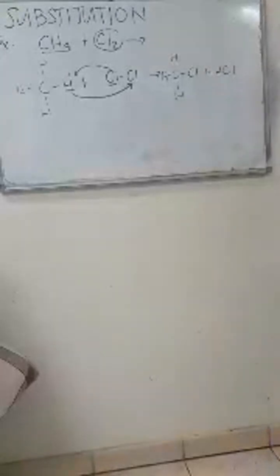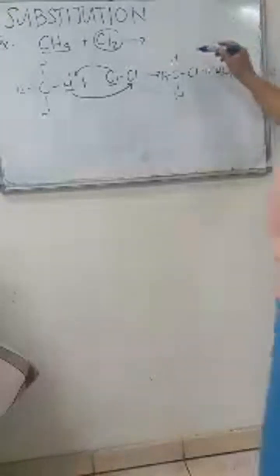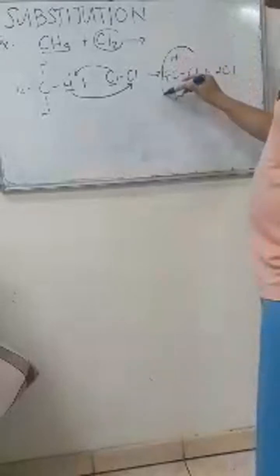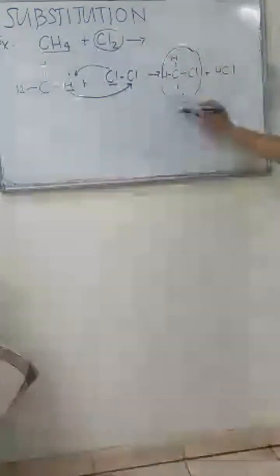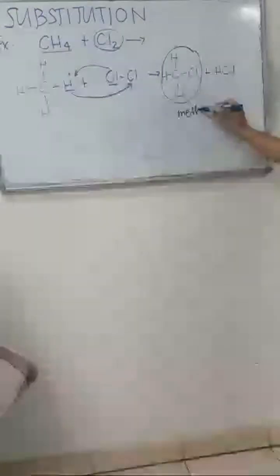Okay, now what's the name for this? Remember, this is a halogen. How can we name that? The IUPAC rule, International Union of Pure and Applied Chemistry, says you have to put the halogen as a prefix to methane. You will say chloromethane.